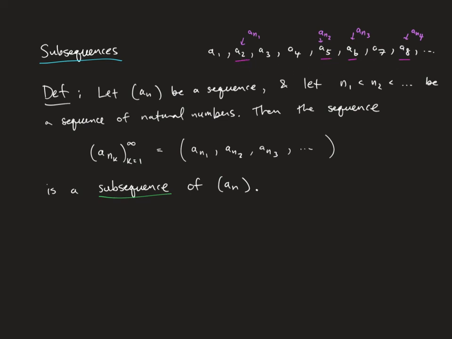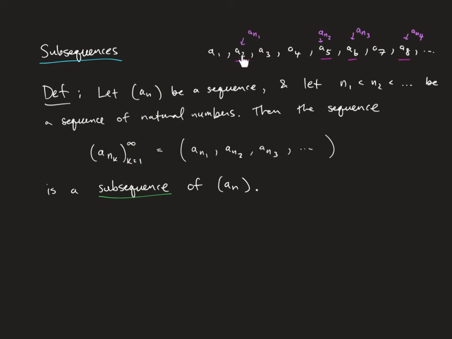Okay, so we're going to have this other sequence of natural numbers, n_1, n_2, etc. And so in this case, n_1 is 2, n_2 is 5, n_3 is 6, n_4 is 8. Okay, so we have this strictly increasing sequence of natural numbers. And then our subsequence is exactly the a sub n_k's. So this index on the n's, right?